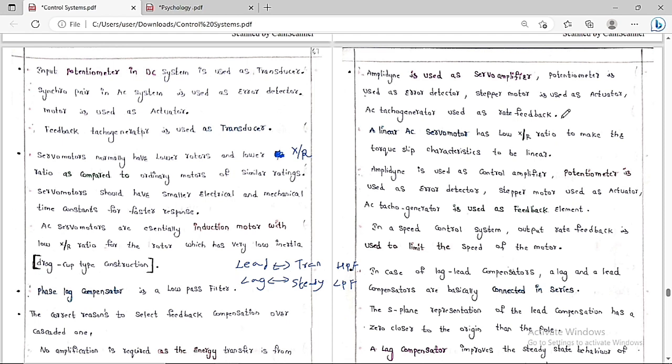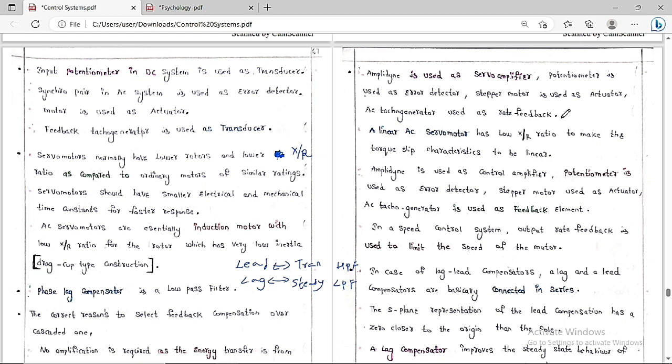So finally, for a given specific application, amplidyne is used as the servo amplifier, potentiometer is used as the error detector, stepper motor is used as the actuator, AC tacho generator is used as the rate feedback.